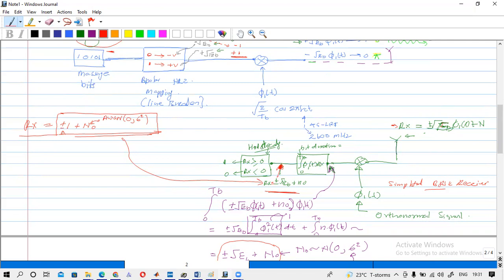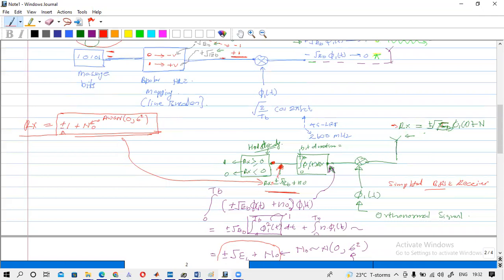We only concern ourselves with this stage, because we are going to analyze the bit error rate performance.